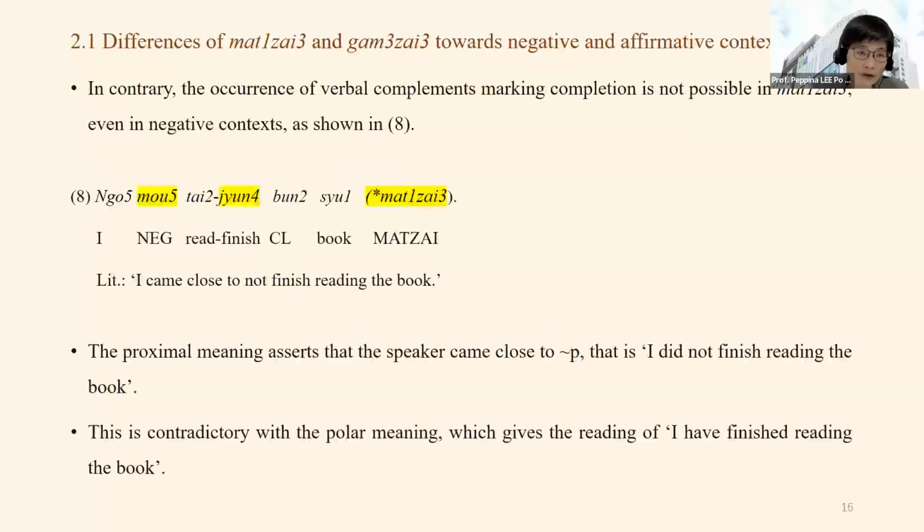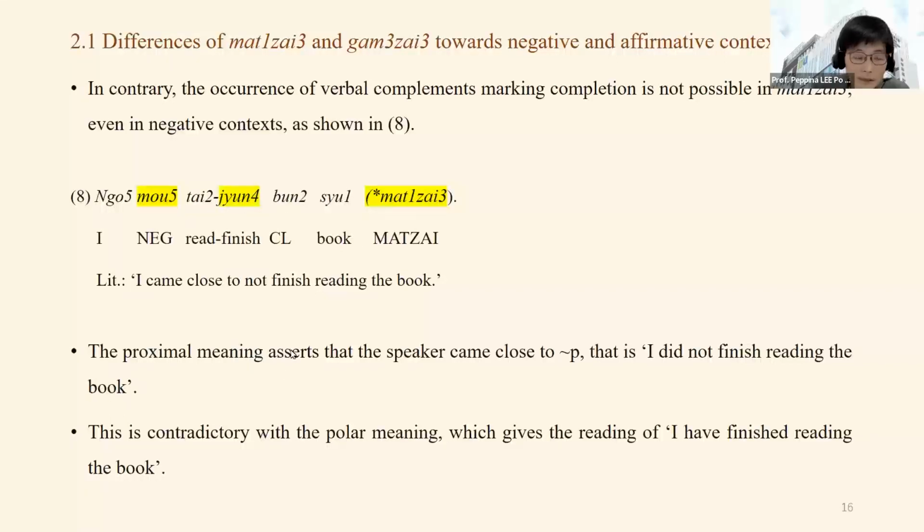However, what's the issue with 乜滯 then? For sentence 8, 我冇睇完本書乜滯, 乜滯 cannot occur with 完, even though the sentence is in a negative form. Sentence 8 is exactly the same as the earlier affirmative sentence of 咁滯. However, 咁滯 can go with 完, but 乜滯, even when we give the negator there, cannot go with 完.